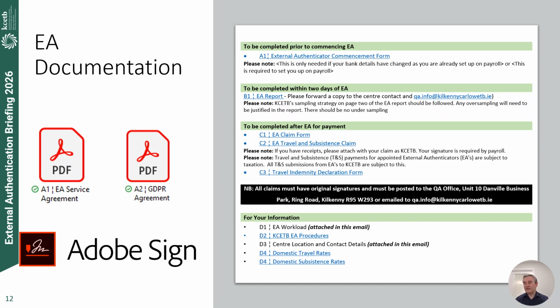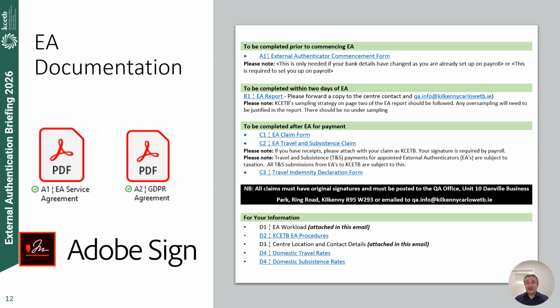If you feel the need to oversample just to justify that, so maybe there were totting errors, or you had put forward some grade changes, you would oversample just to ensure that all the other learners' results were correct. Please use this as well as your EA report link, especially if you've EA'd for us before, as we do update the report and it's on version 4.0 at the moment. So make sure you're using the most up-to-date report.